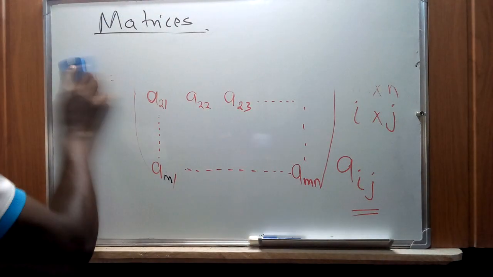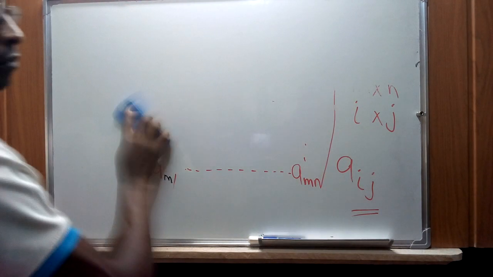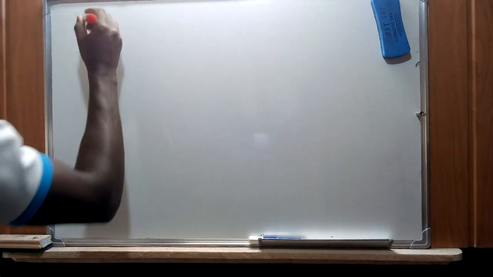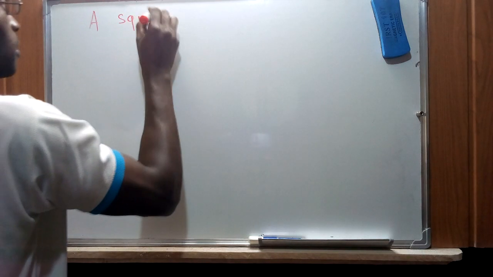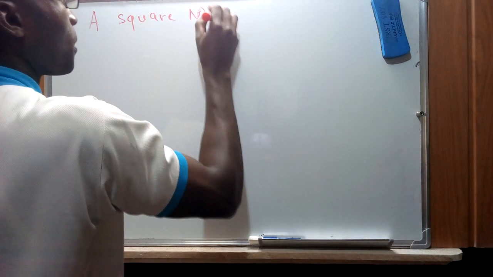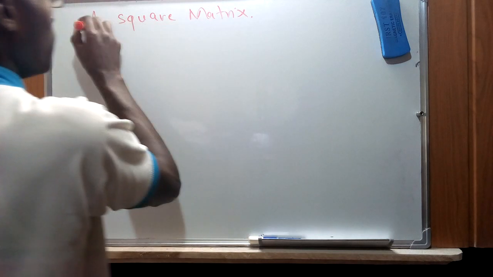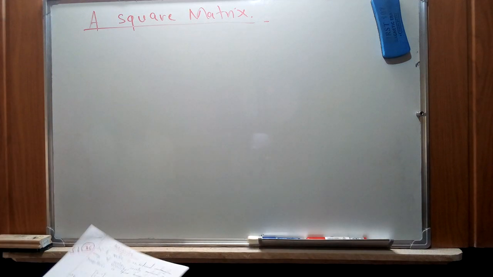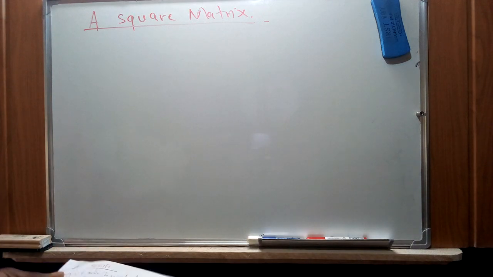That one said and done, we'll move to today's topic of trying to look at a specific example of a matrix that we call a square matrix. So today's discussion will be on square matrix. Now that I've said that we have different types of matrices, we're basically going to look at the concept of a square matrix and try to see how it can be represented or what are some of its characteristics.